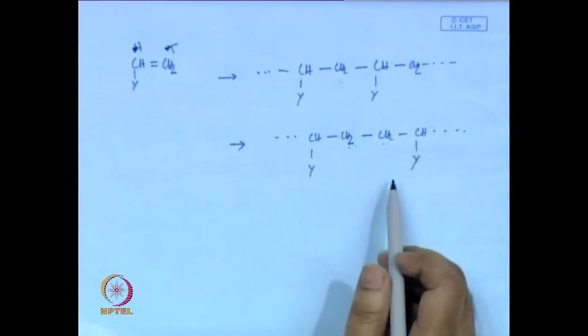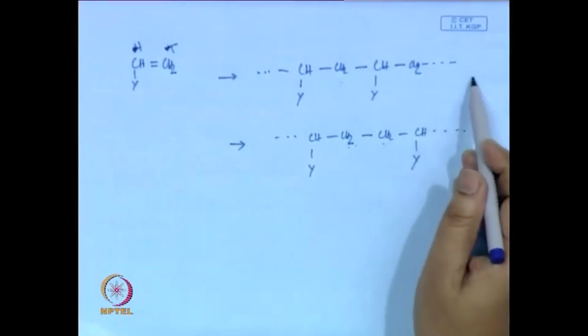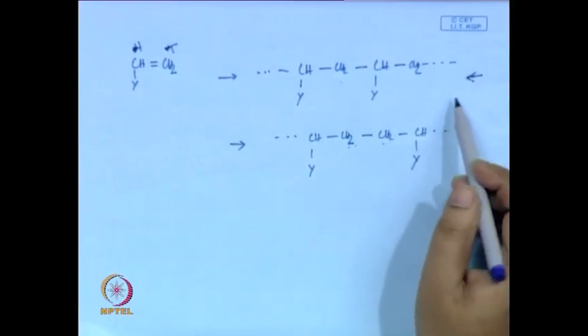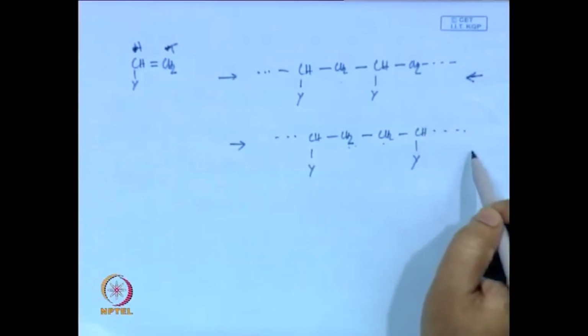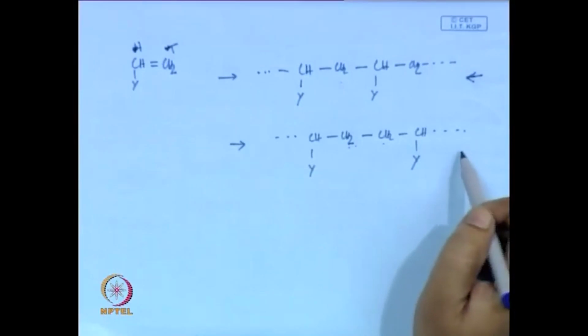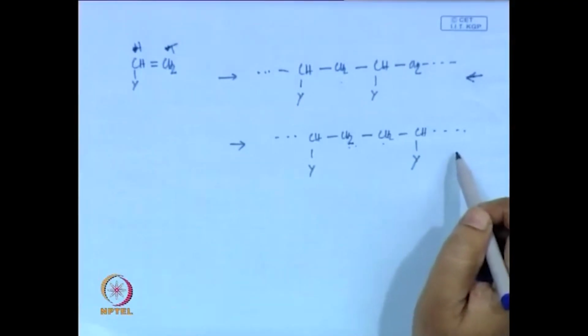In practical sense, in almost every case, when you synthesize a polymer, you get head-to-tail polymers, and unless you make a specific arrangement, you do not get head-to-head polymers.